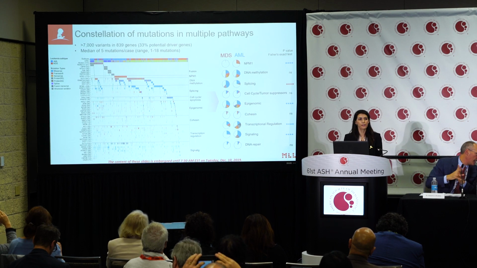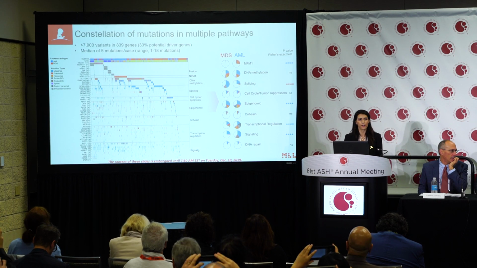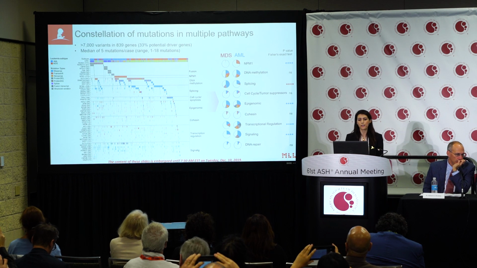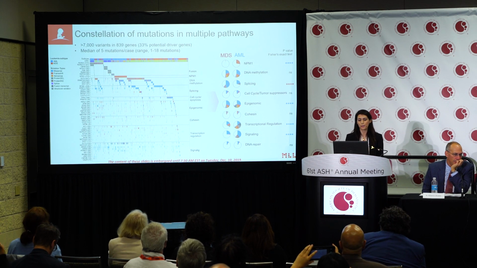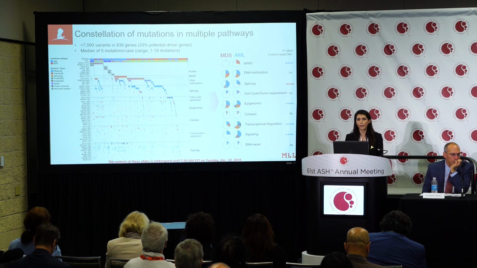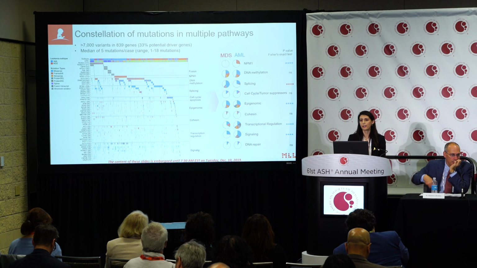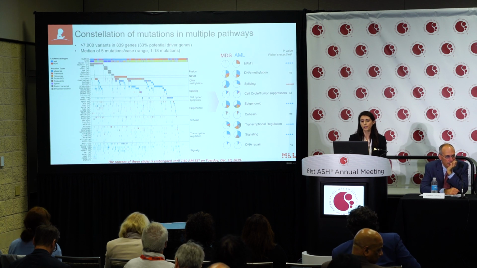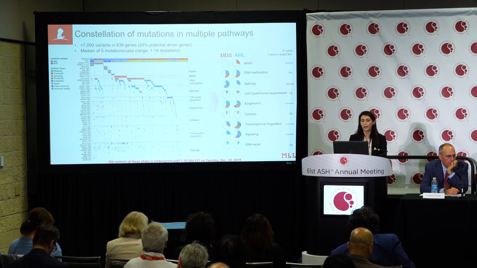Overall, we identified over 7,000 variants in over 800 genes with a median of 5 mutations per case. This oncoprint provides a big overview of the genetic alterations with each patient in a column and the different colors representing different types of mutations.